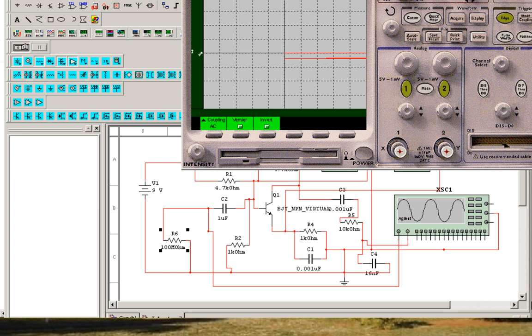Now it's an NPN BJT transistor, bipolar junction transistor. So it may not have as much noise on the input. And as you can see, it pretty much doesn't.